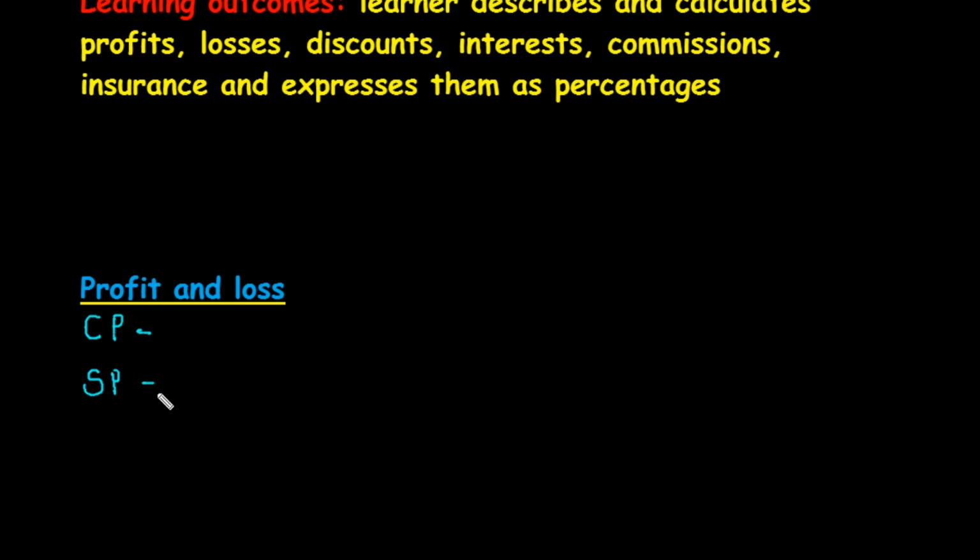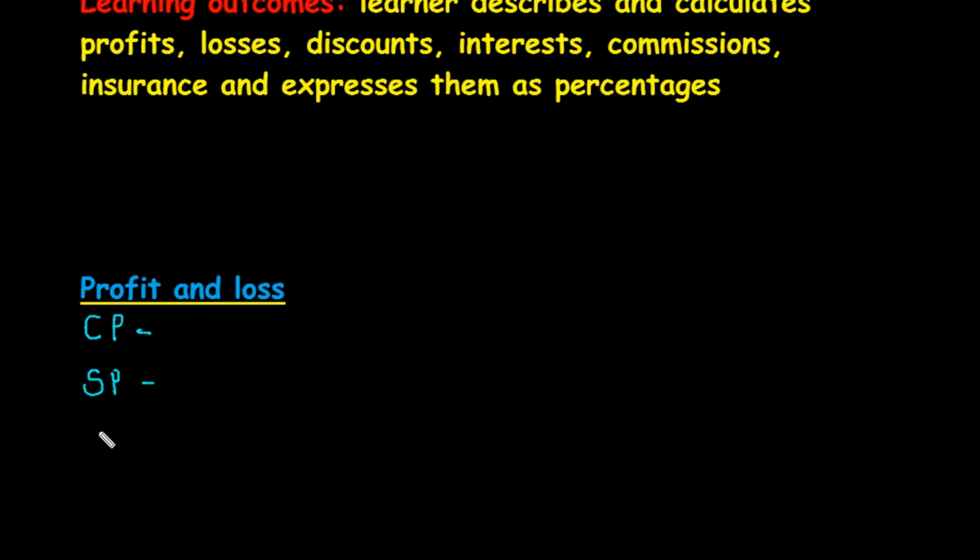And the selling price is the amount of money that the buyer pays to buy a product. What do we mean? The selling price is the amount of money paid by the consumer to either the retailer or the wholesaler or the producer. But this selling price in this context is going to be the final price.